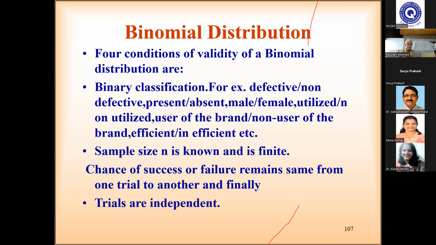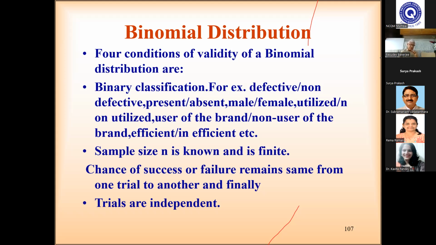Binomial distribution. The four conditions of validity of a binomial distribution are: binary classification, for example defective, non-defective, present, absent, male, female, utilized, non-utilized, user of the brand, non-user of the brand, efficient, inefficient, etc. If there are three classifications, this will be tertiary, not binomial.